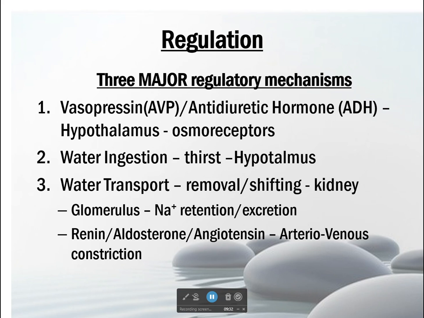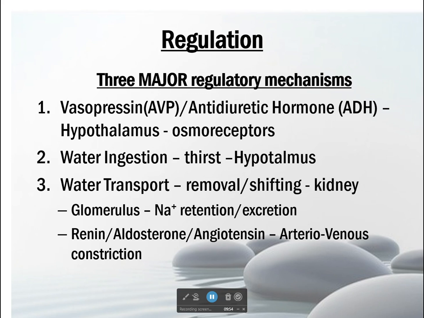Also, the renin-aldosterone-angiotensin pathway contributes not only to the retention of sodium in water, but also to arterial venous constriction. If someone loses fluid, there's less liquid in the tube.